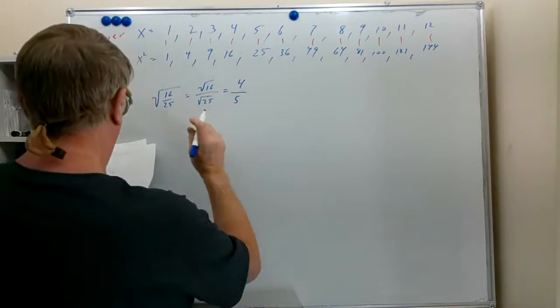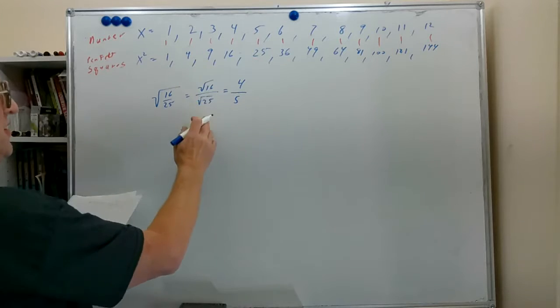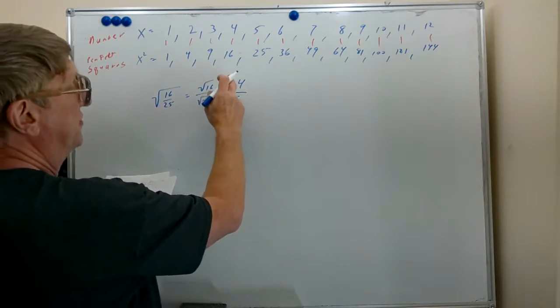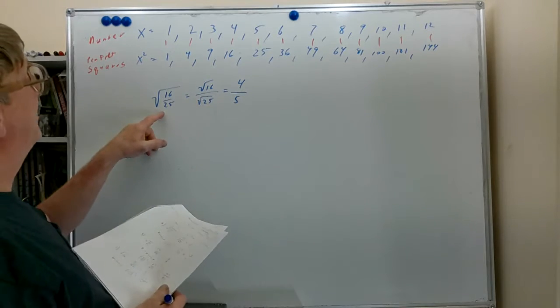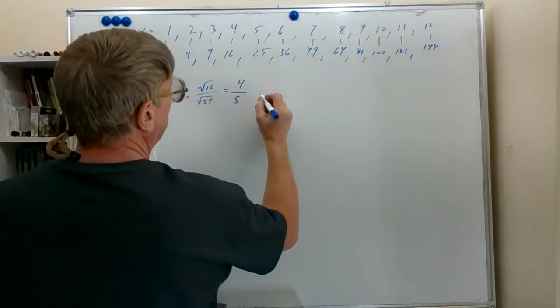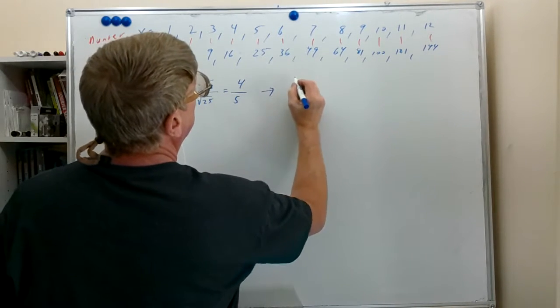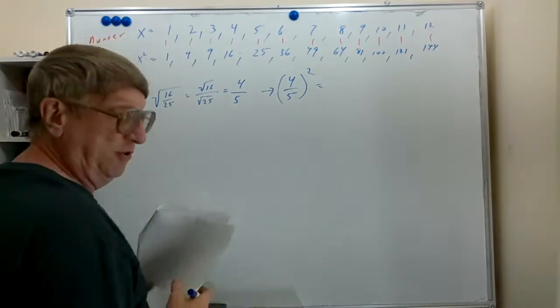So the square root of 16 over 25: we broke it into the numerator and denominator, took the square root of the numerator and the square root of the denominator, and found that the square root of the fraction 16 over 25 is equal to 4 over 5. Now if we want to check this, we can square 4 over 5. This will double check that we did it right.